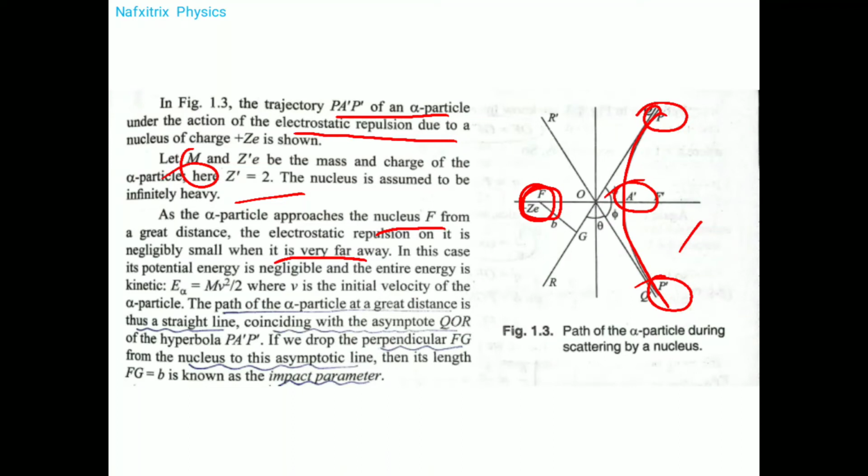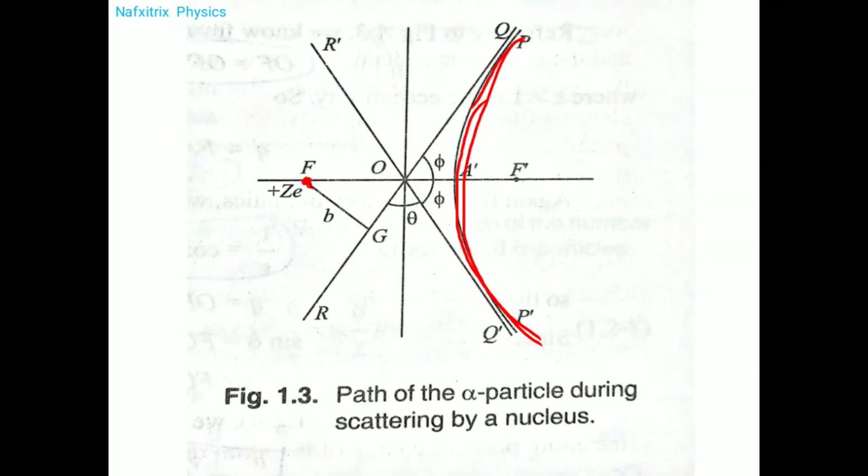So this is a very important point. When the alpha particle is far away, the electrostatic repulsion force is negligible. In this case, its potential energy is negligible and the entire energy is kinetic energy. So when the alpha particle is very far away, the nucleus is located here, and the alpha particle is here in this direction.